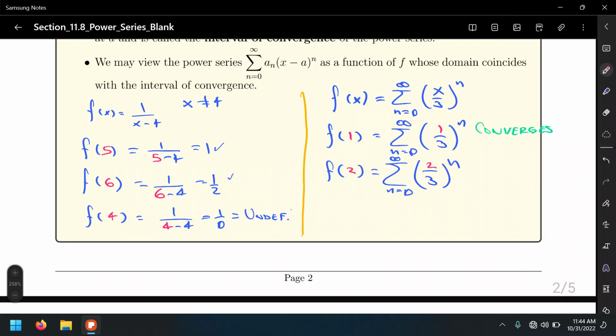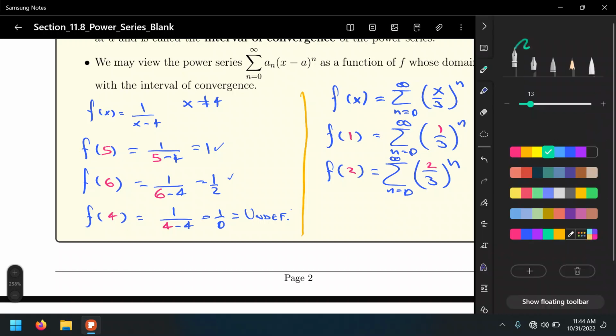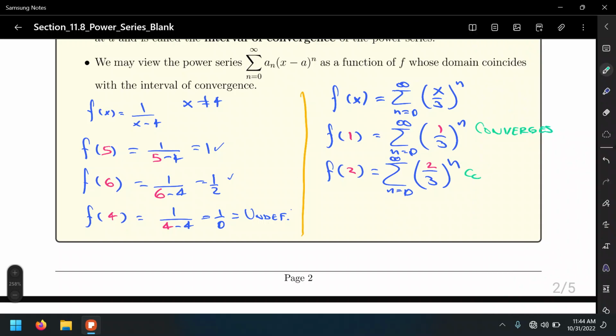Well, what about this series? Convergent or divergent? Convergent. It's another convergent series, right? So it converges, in a similar way that f of 6 for this given function outputted an actual value. That means it was defined.